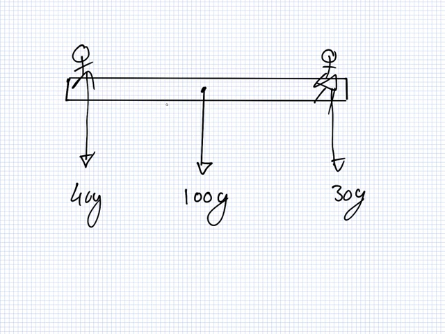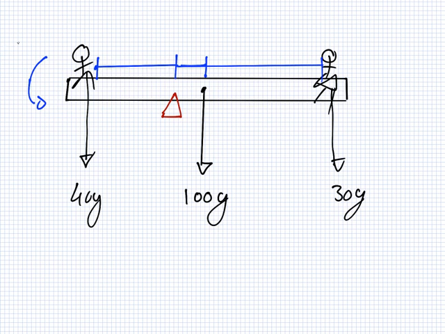So for example, at the moment it's in the center, and this is no good because it's not balanced. So the father would like to move it. Should he move it to the left or should he move it to the right? To the left. Because we would like the turning force from the boy, that's the force multiplied by the distance, to equal the turning force provided by the weight now, because it's not balanced, and also by the girl's weight.